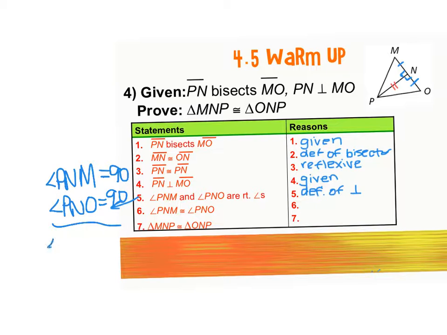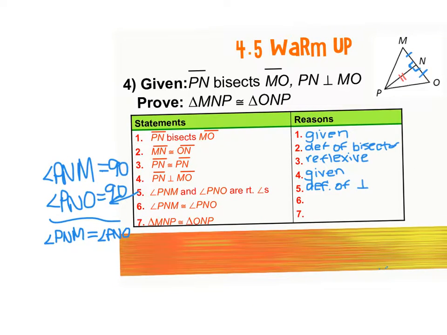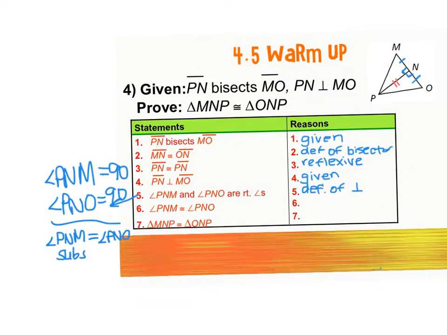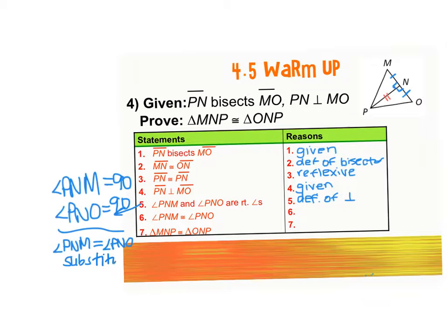And then I can say PNM equals PNO, and that would be substitution. So if you had done it that way, it takes two steps. But the way this is done is they're going straight from the fact that they're both right angles to 6, which is that they're congruent to each other. So you're missing the step in between.